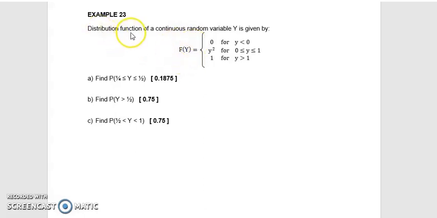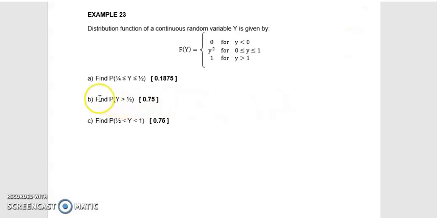The distribution function is the cumulative distribution function, not the probability density function, not the PDF. This is the probability density function. Capital F here is the cumulative distribution function. So look at the question carefully.